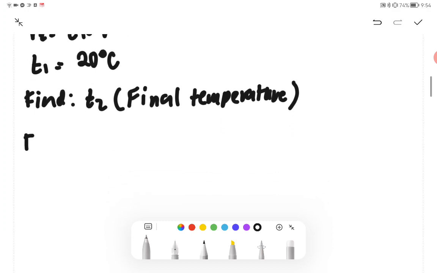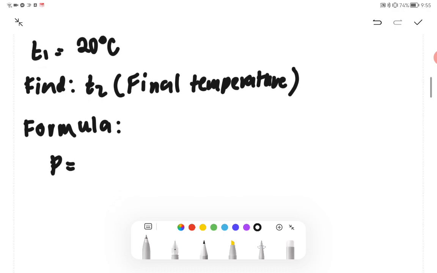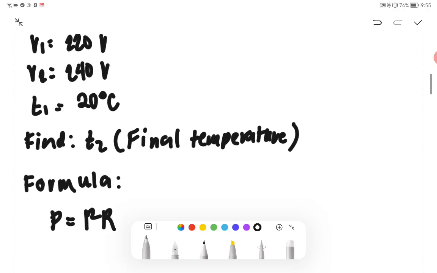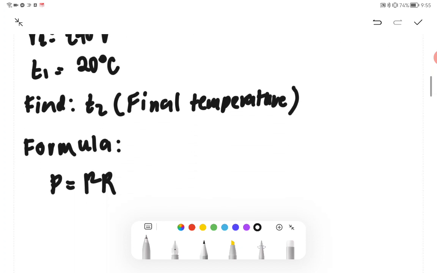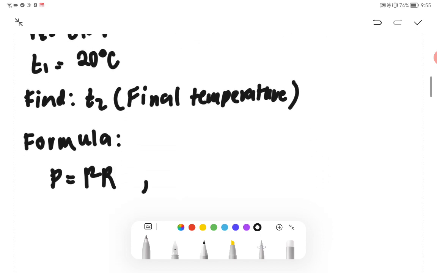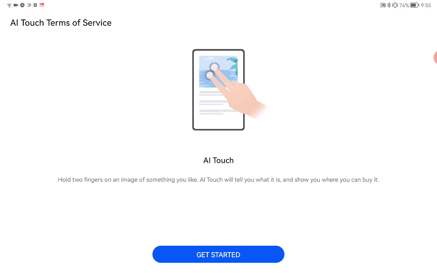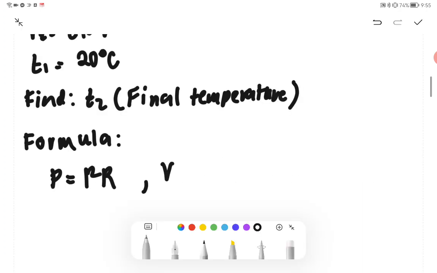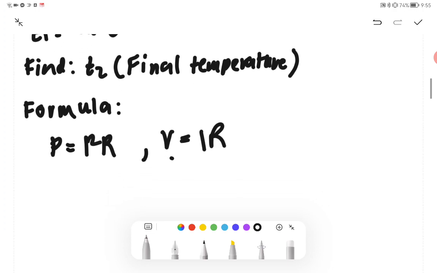We all know the formula P is equals to I squared R. We have voltages and the power, so we must find something to substitute to I. We have V is equals to IR, therefore I is equals to V over R. So let's substitute.